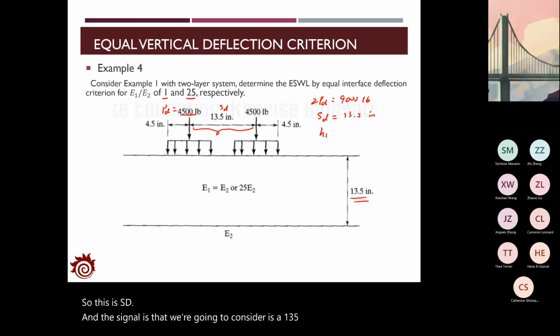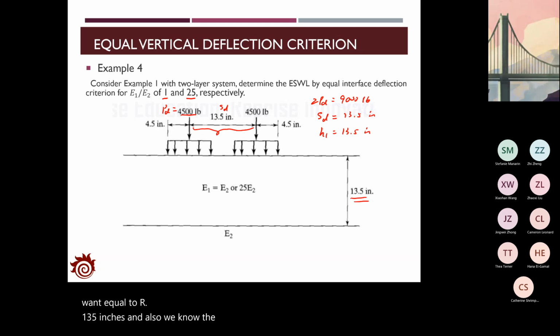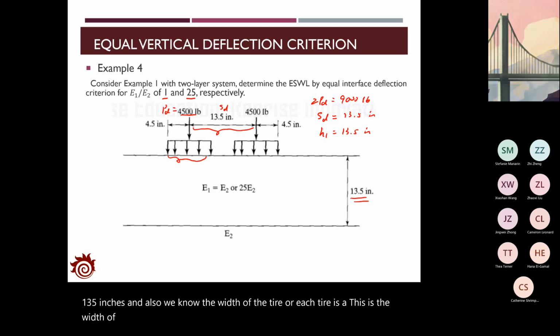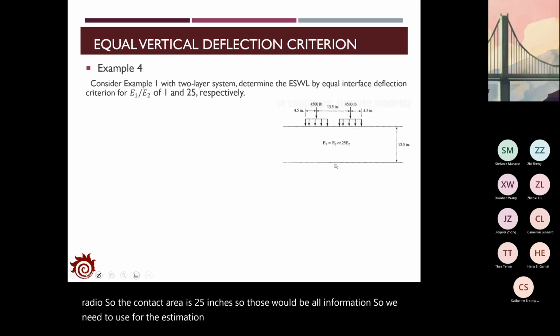We also know the width of each tire, and the half width is 4.5 inches, which gives the radius of the contact area. Those are all the information we need for the estimation of the ESWL.